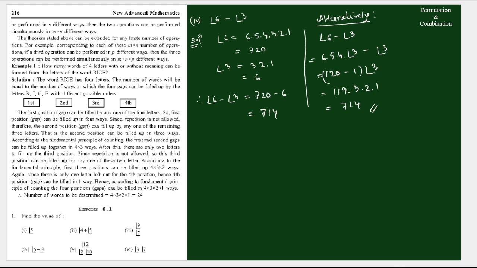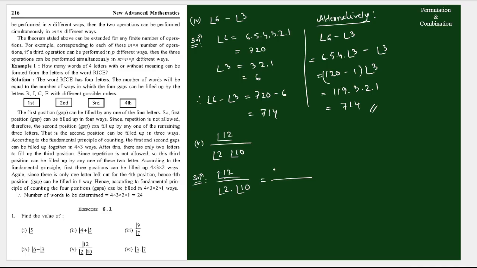Question number 5. Factorial 12 by factorial 2 into factorial 10.